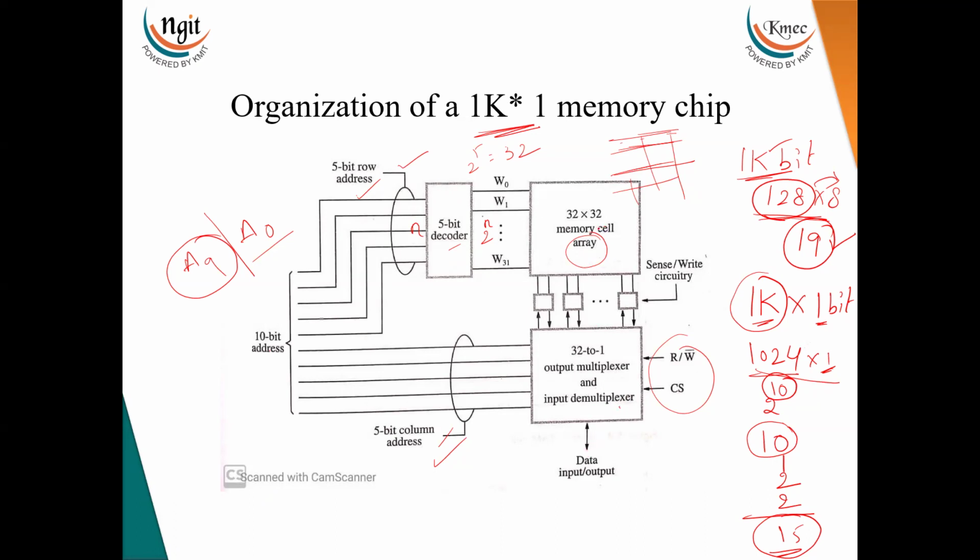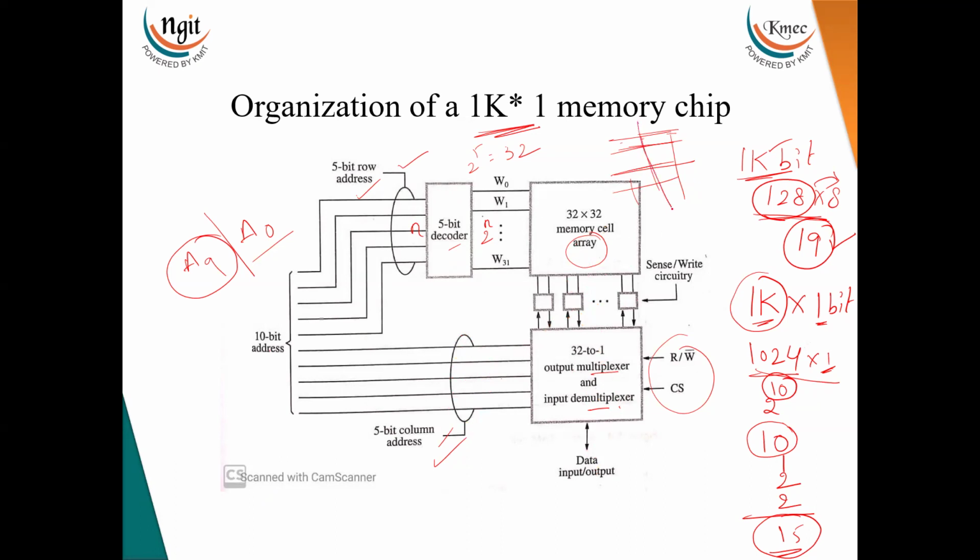For the read operation, data should be taken out, and at that time it will act like a multiplexer. For the write operation, it will act like a demultiplexer. These are nothing but select lines. Depending upon these lines, among the 32 columns it will select any one column, depending upon the lower address.